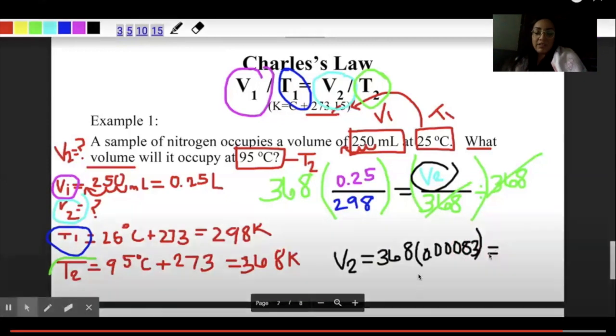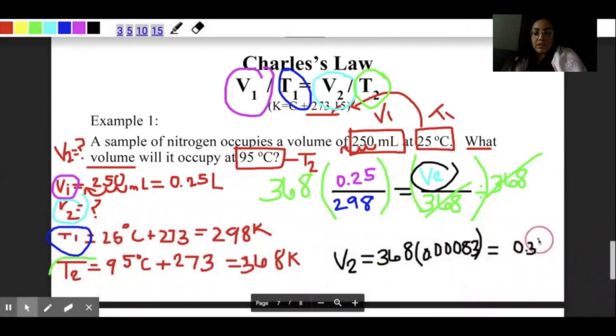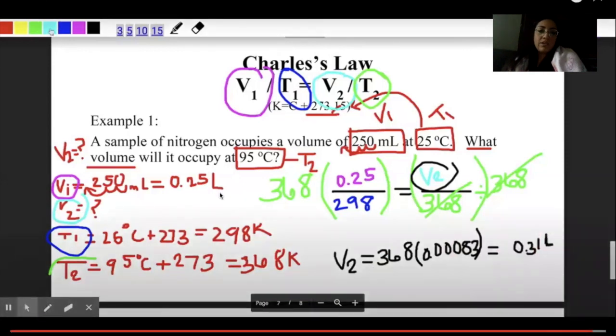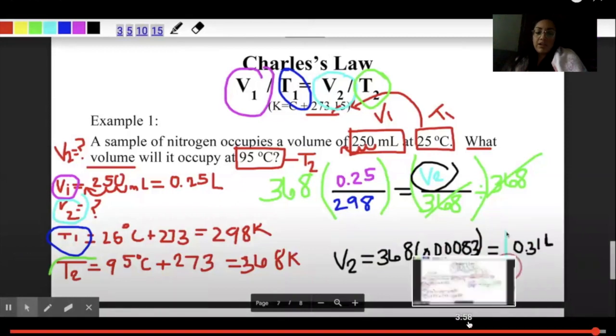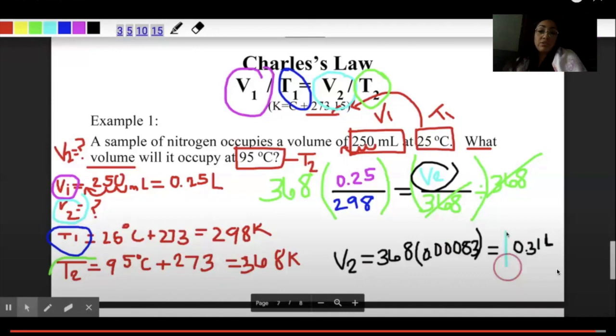You just need to multiply those two, 368 times 0.00083. And your answer is 0.31 liters. So notice our answer, 0.31 liters, is very close to our V2 is close to our V1, which was 0.25 liters. And Charles' law states that these actually are directly related.